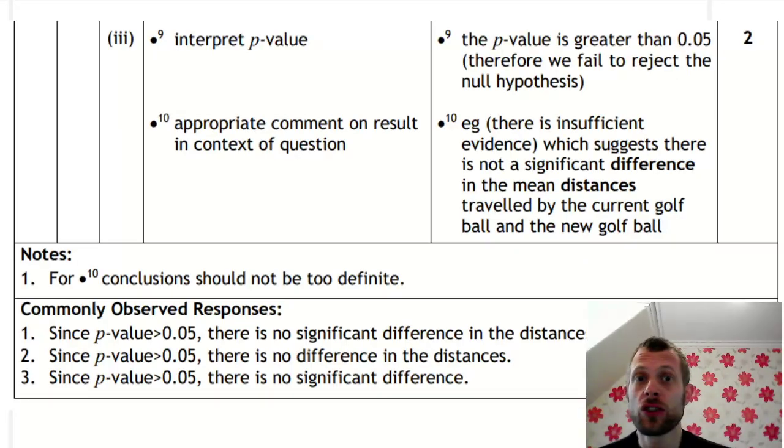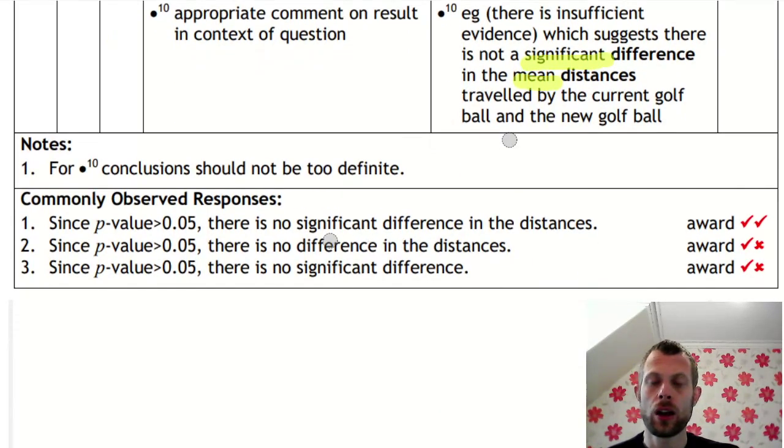So we'll just finish this off by looking at the SQA marking scheme and seeing what they've required. So you can see again here the word significant, which you should use, and you can see they're referring to the mean. So for full marks, you should use both. Here there is no significant difference. Well, a difference in what?